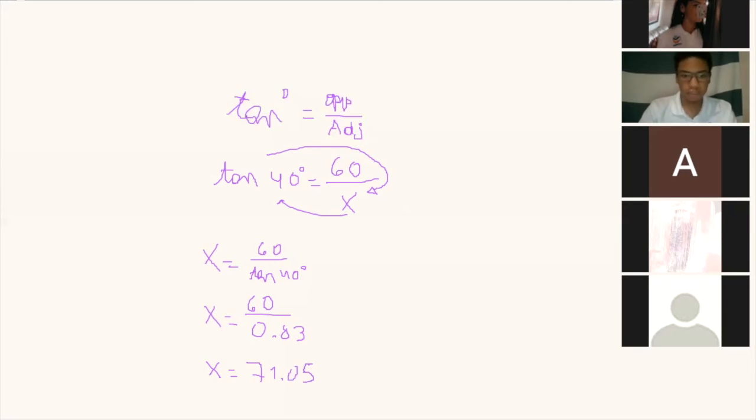So that's the final result for the adjacent side. In other words, 71.5 feet is the distance of the observer from the building.